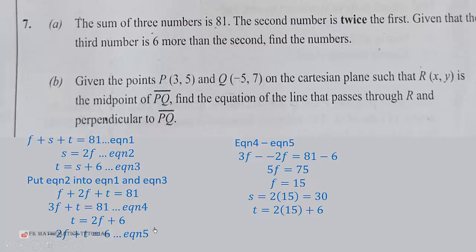So T will be equal to 36. Therefore, we have seen the values: T is 36, F is 15, and S is equal to 30.